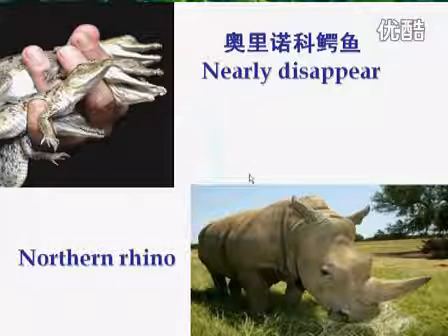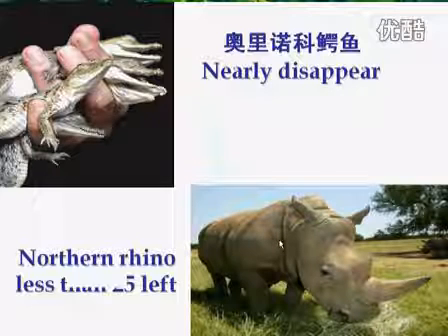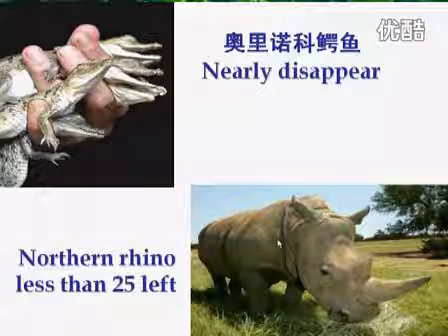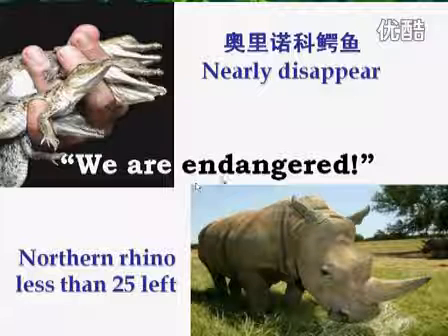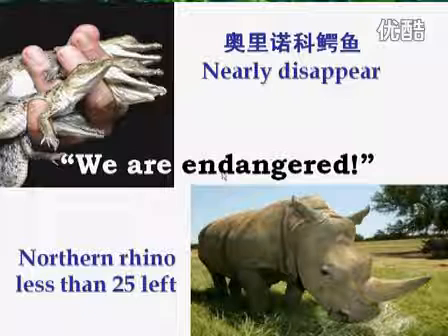The rhino, just now we talked about it, right? Northern rhino. And less than 25 left in the world, northern rhino. Yeah, they said we are endangered. Why are they endangered? Have you ever thought about it? Maybe because of human activity, right? Human activity.